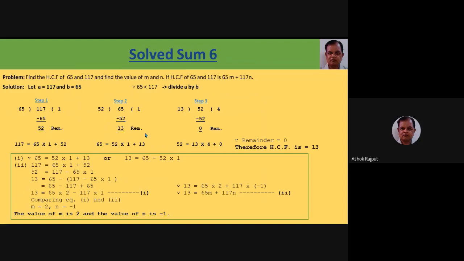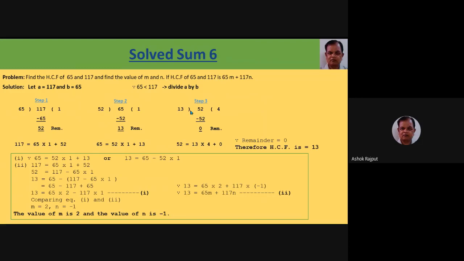It is not 0. So we check this step: 65 equals 52 into 1 plus 13. If we solve it, we get 65 equals 65. But the remainder is not 0, so there is a need for the next step.